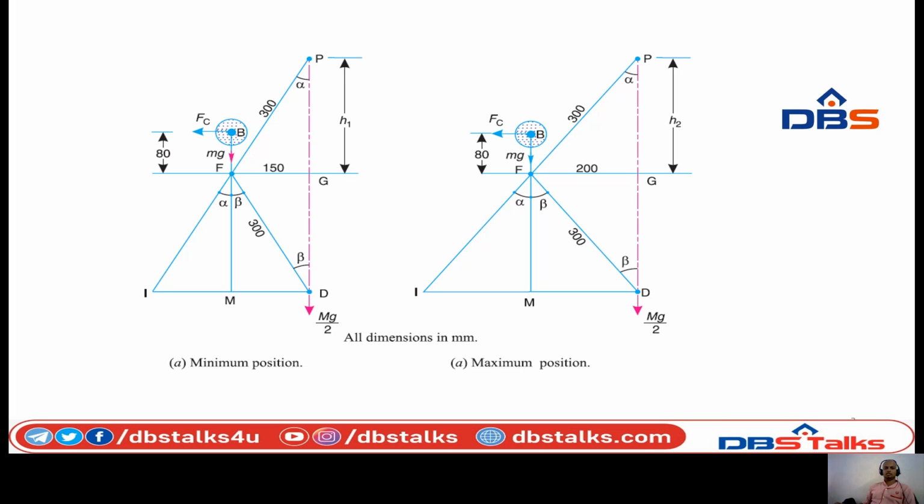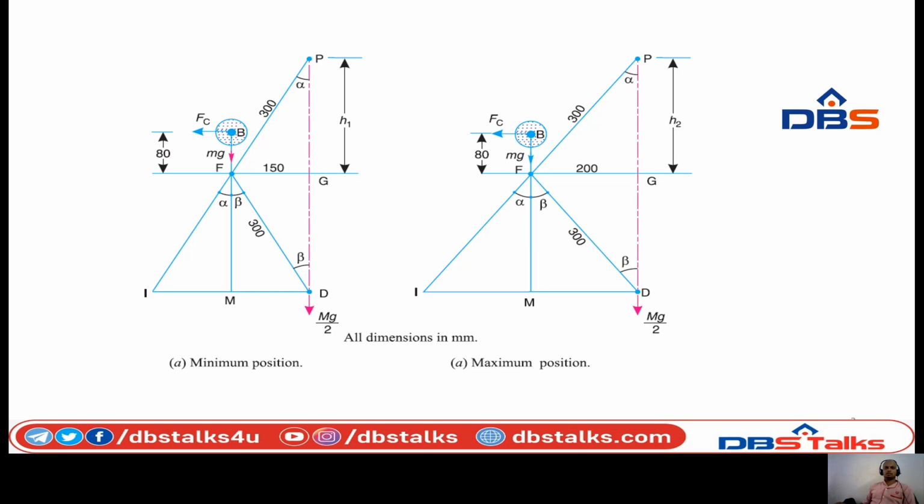Firstly, we have to draw the line diagram. Then the main thing is the extension of the lower arm. What is the lower arm? DF is the lower arm. It has been extended to BF. The length of BF is 80 mm, as given in the question itself.